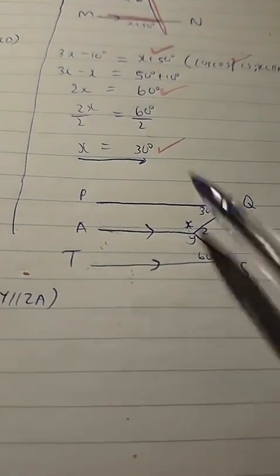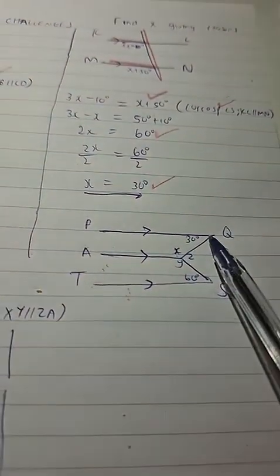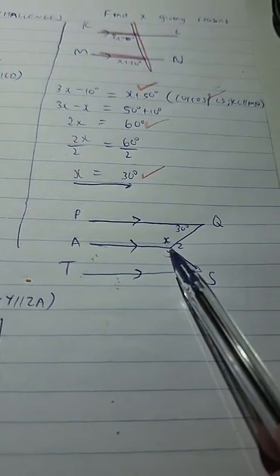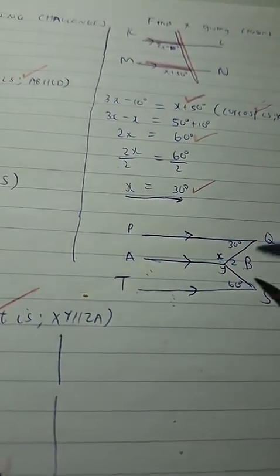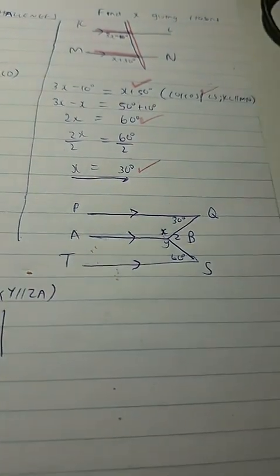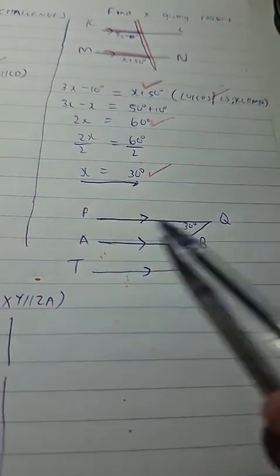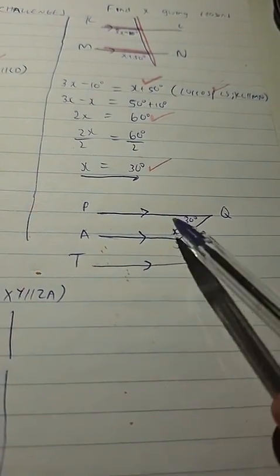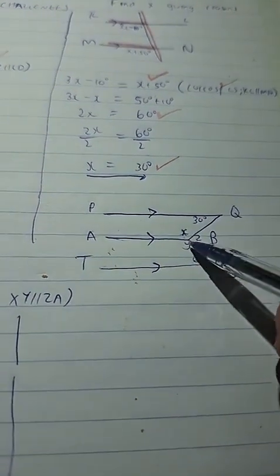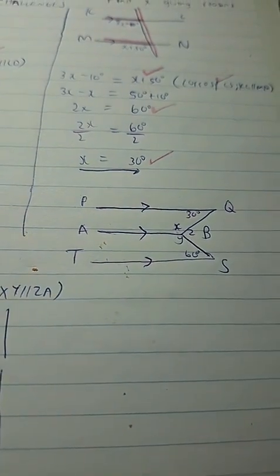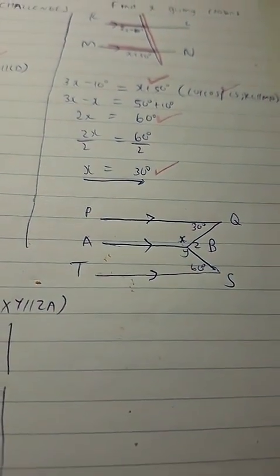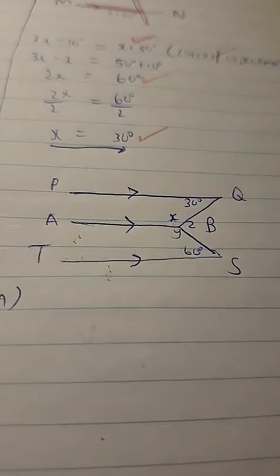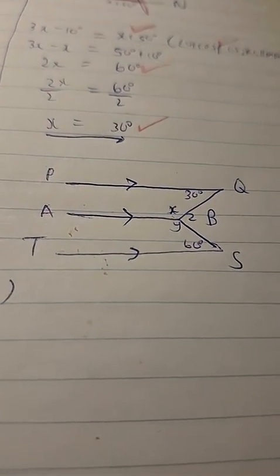Okay, look at this diagram. We have PQ, AB, and TS, and all these lines are parallel to each other. Then we are asked to find x, y, and z, giving reasons. So what do you guys suggest or think?